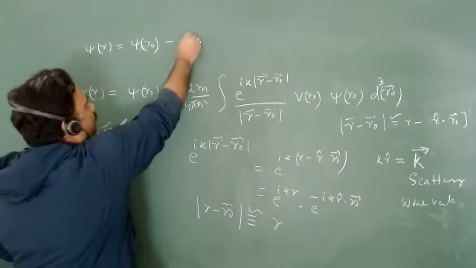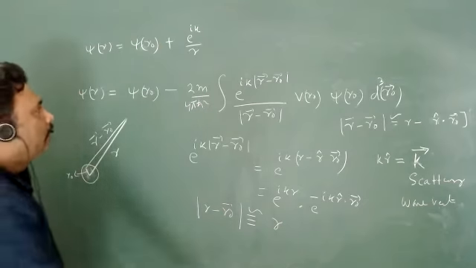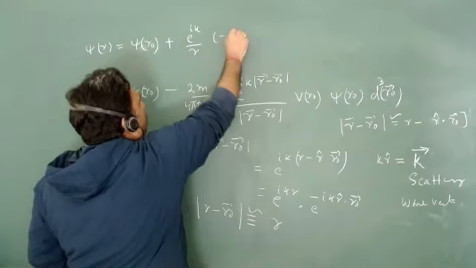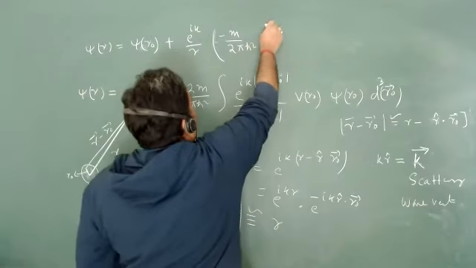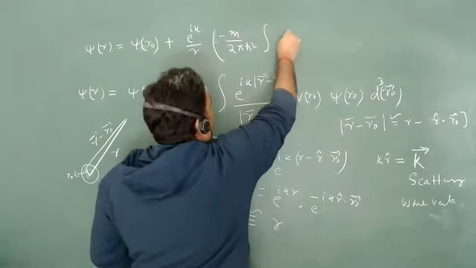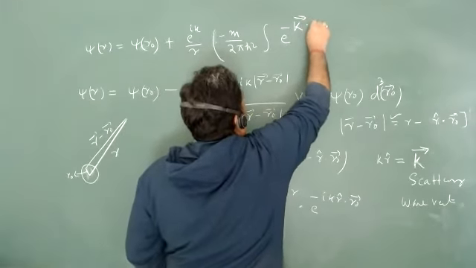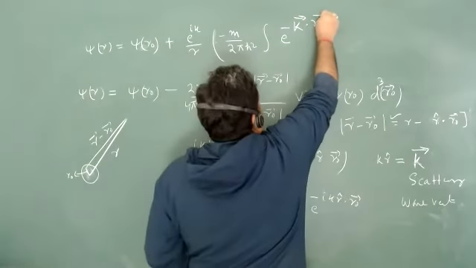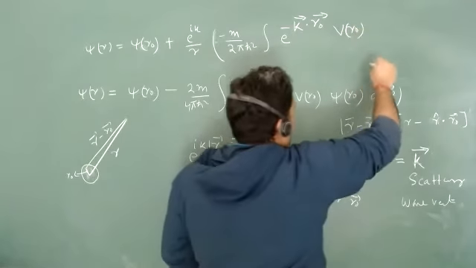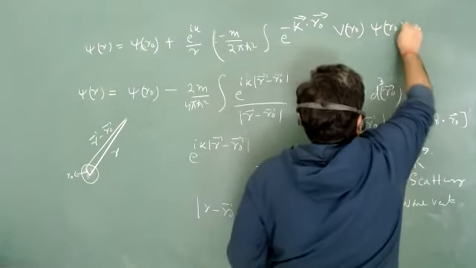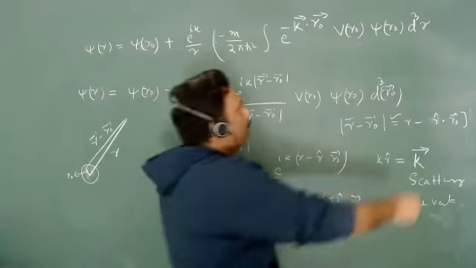So I take e to the power i k r upon r outside, and inside, with a minus m upon 2 pi h cut square, we are taking the integration of e to the power minus i k dot r naught, then v r naught, then psi r naught, and d cube r. Are you getting this?